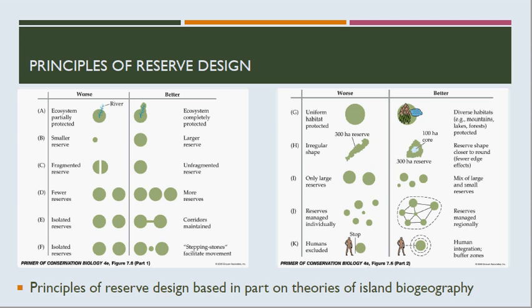But the thing to note is that they are all based on ecological principles, and less so on socioeconomic issues and problems, except for that last one, humans excluded or humans included.